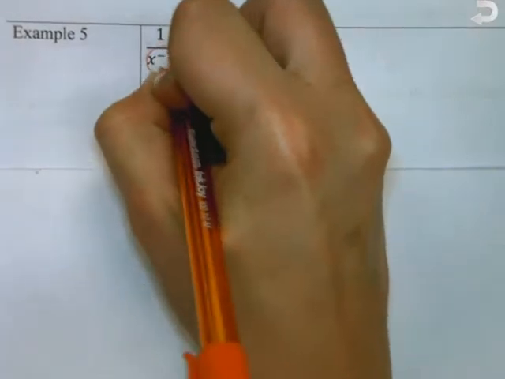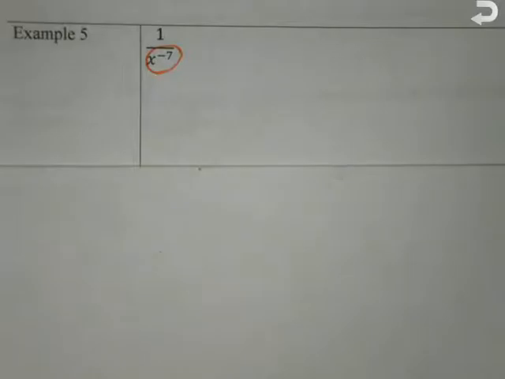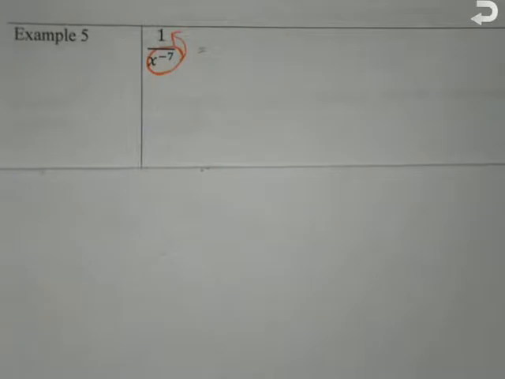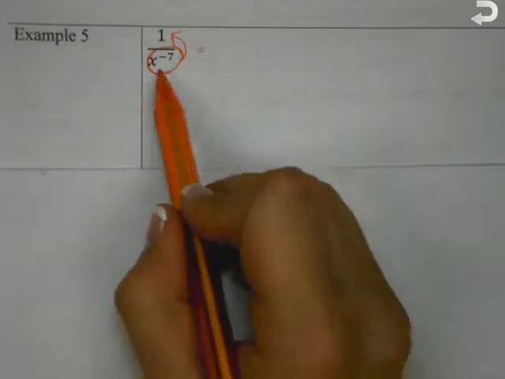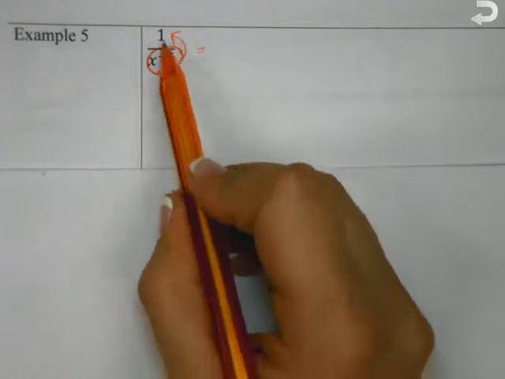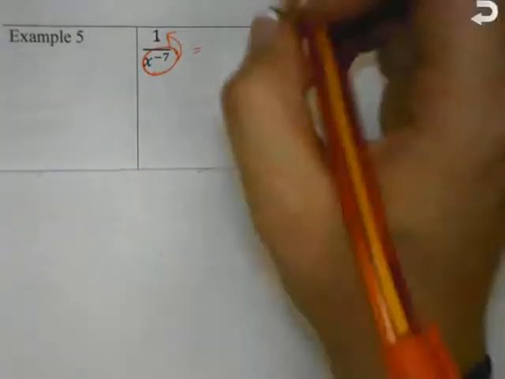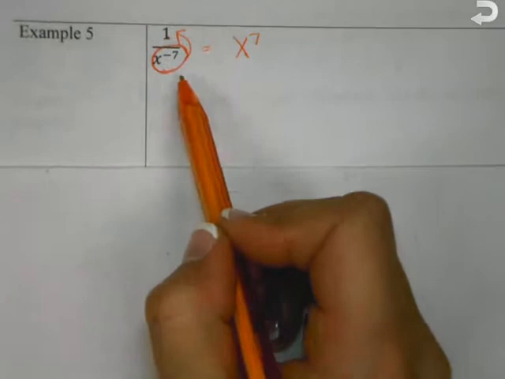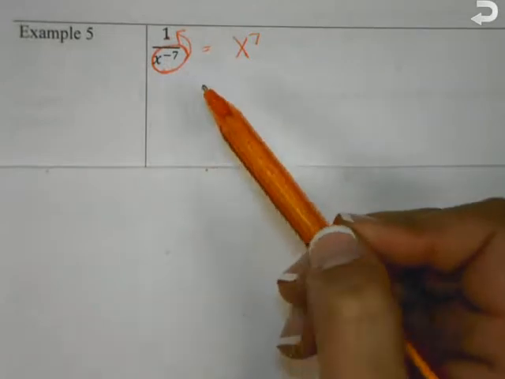To the numerator, or on top of the roof. If I move that x to the 7th up, it becomes 1 times x to the 7th, or just x to the 7th. What's in the denominator? A 1. Do I have to write it? No. So your answer is just x to the 7th.